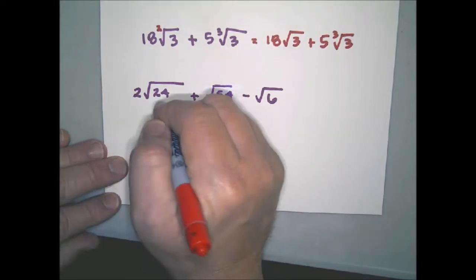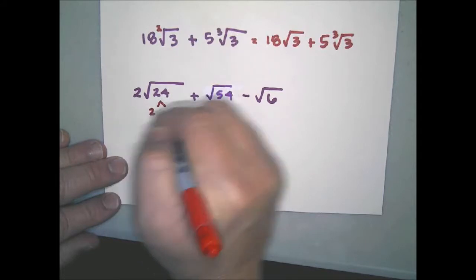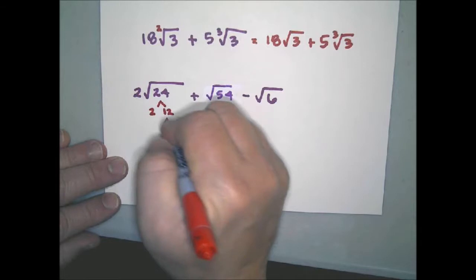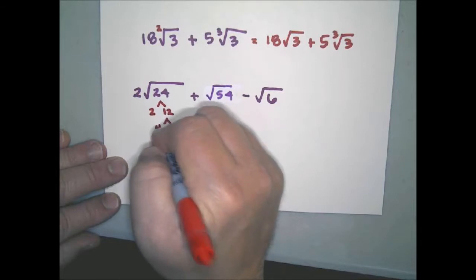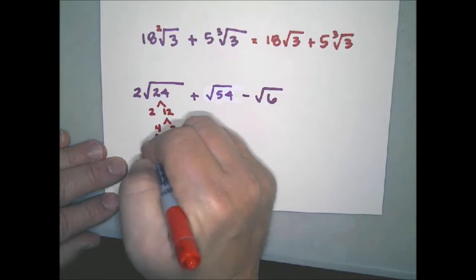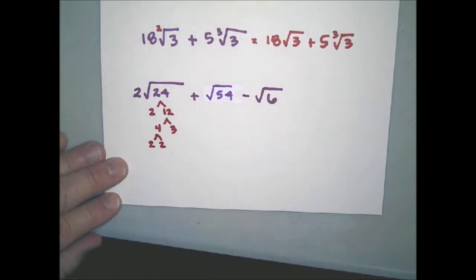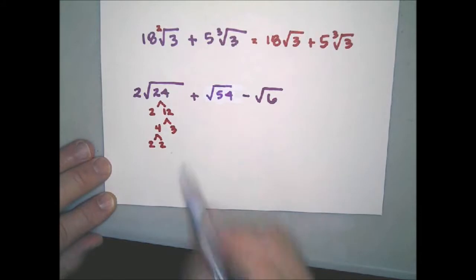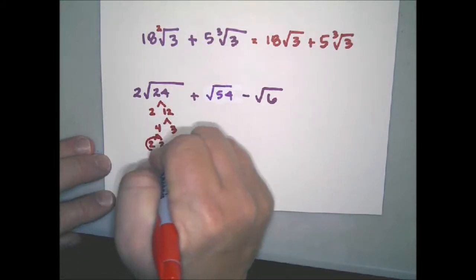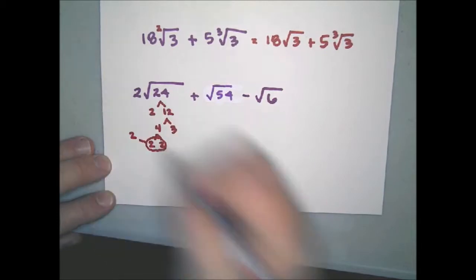So what we're going to do is simplify the 24 down to 2 times 12. And the 12 breaks down to 4 times 3. And the 4 breaks down to 2 times 2. So I've now prime factorized the square root of 24. Here's a pair of 2's, so one of them gets to come out.